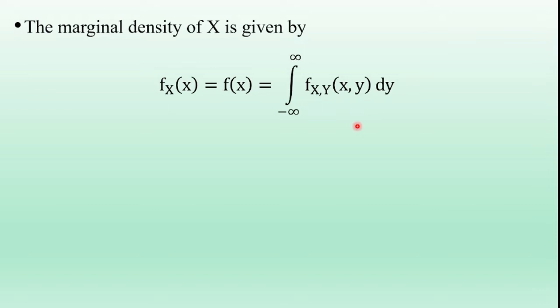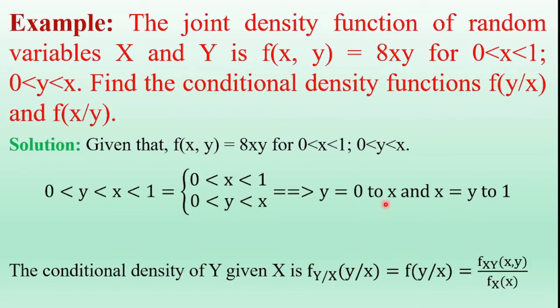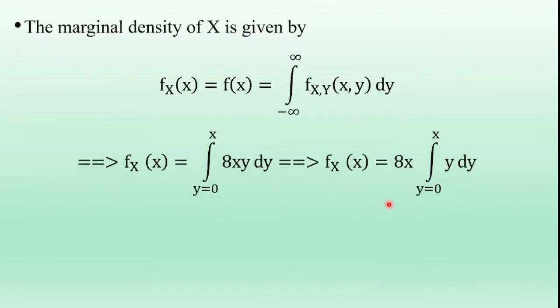So applying the given joint density function f of x comma y is 8xy and the range of y is 0 to x. So therefore fx of x is equal to integral y is equal to 0 to x 8xy dy. Here integrating with respect to y, 8x is the constant.